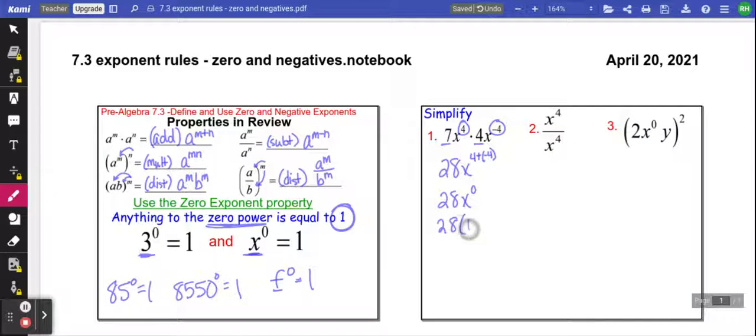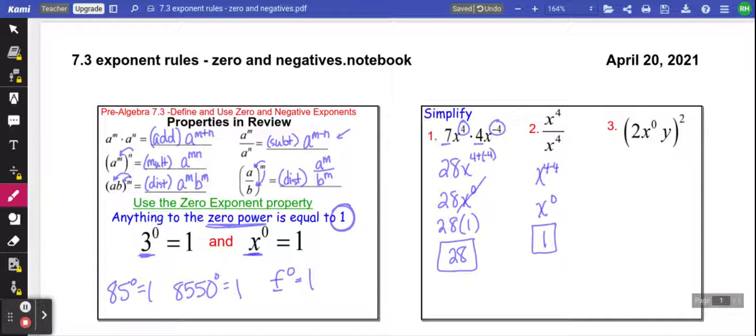So it's like 28 times 1, which just gives me 28. So as soon as you have x to the 0, it's kind of like it just cancels. You don't have to worry about it. Same thing here. x to the 4 over x to the 4, where again, division means we subtract, right? So x to the 4 minus 4 gives me x to the 0, and anything to the 0 power is 1. Okay.